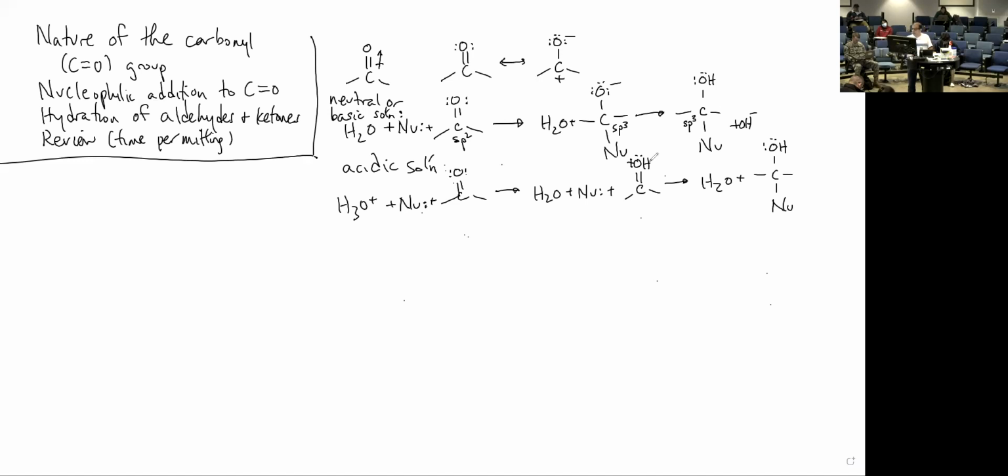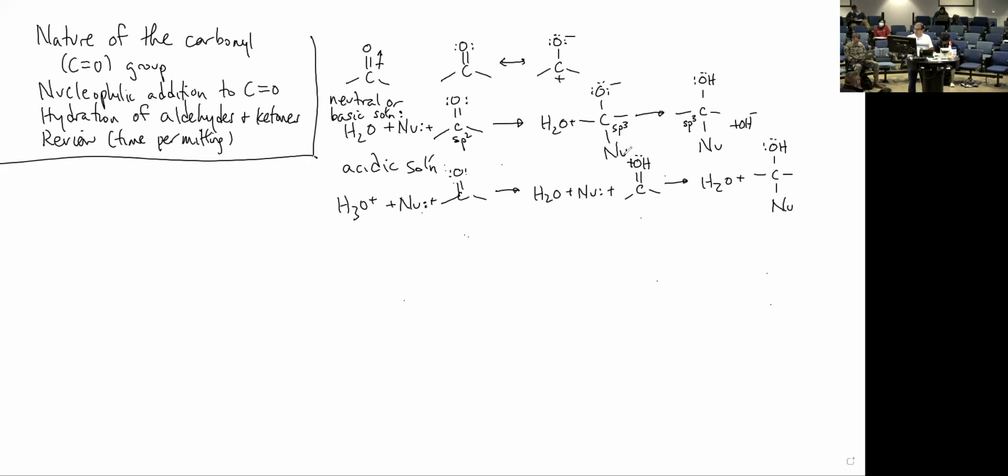So one thing I should point out is when we protonate this oxygen atom to get an intermediate that looks like this, it makes the carbonyl carbon an even better electrophile or even better Lewis acid than we started with, because now the species has a full +1 charge, whereas before the total charge on the species itself was 0.